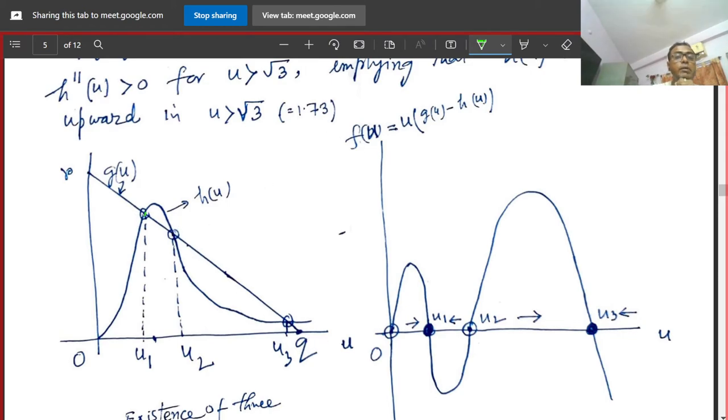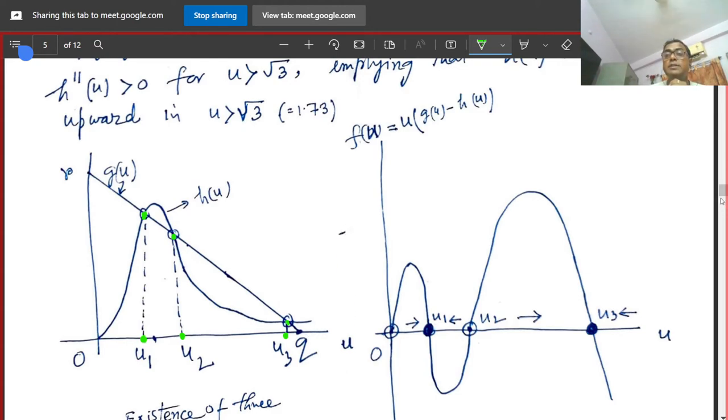Draw the perpendicular on the u-axis. So this is u1, this is u2 and this is u3, and these are the three roots of equation 6.